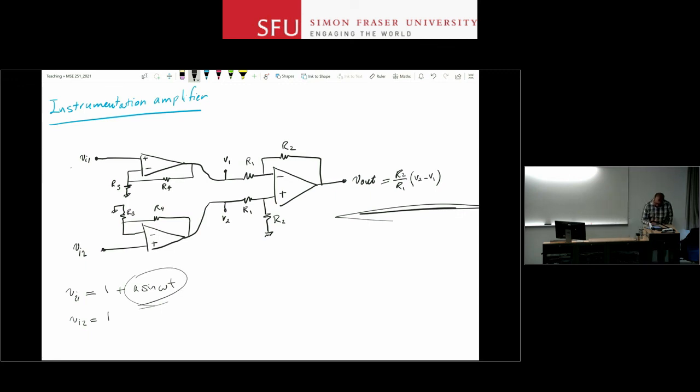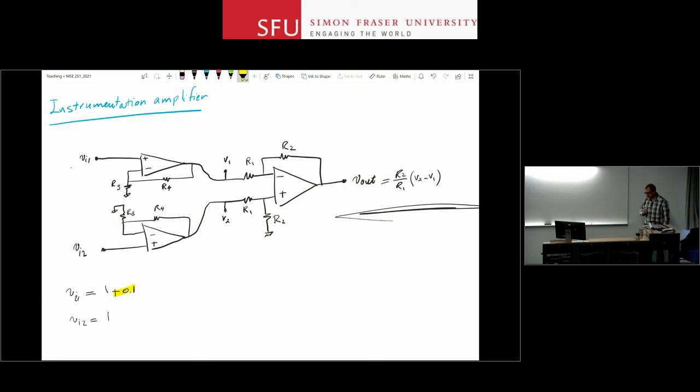Or if it is, let's say, 1.1 volt at one input and 1 volt at the other input. It rejects the common mode part, the 1 volt that is the common mode, and it only looks at the difference, which is the 0.1 volt, right? So this is called an instrumentation amplifier, very, very useful in instrumentation and measurements.